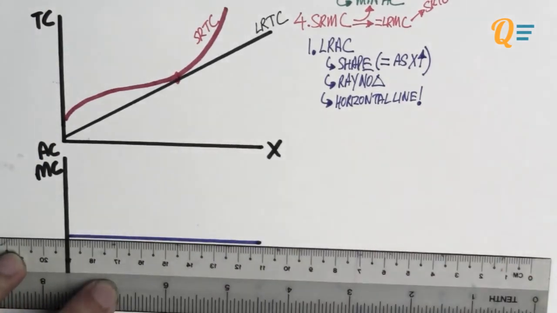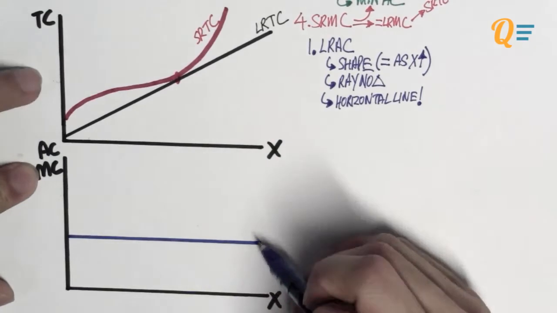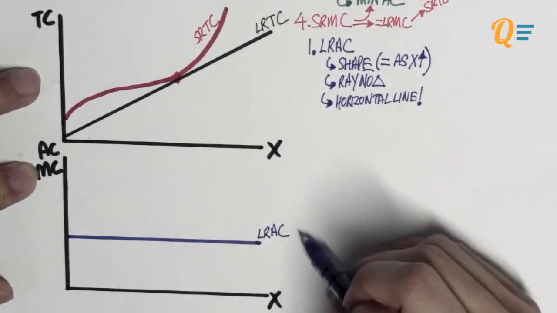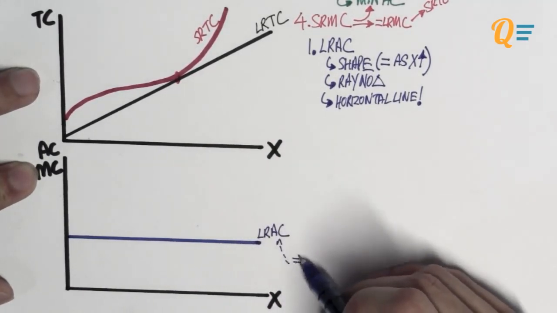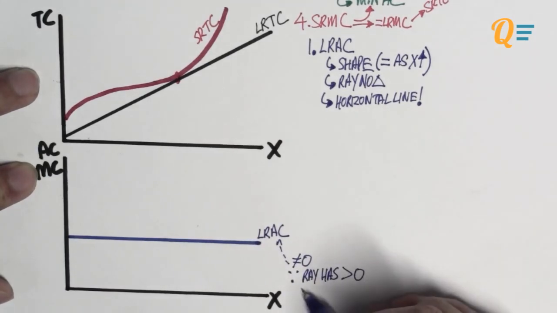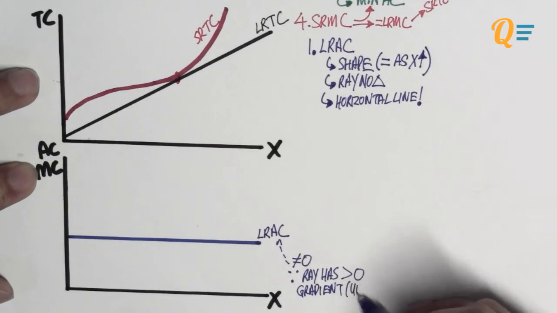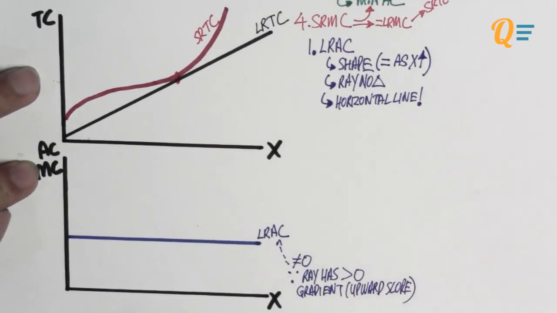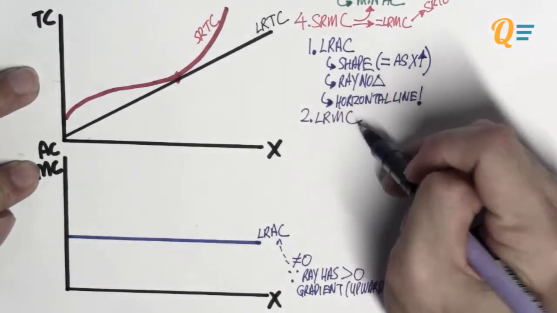Okay, so in blue, this will be my long run average cost. Looks very simple, right? So you're going to notice that this is not equal to 0 because your ray still has a more than 0 gradient. Okay, it's a positive gradient because it is upward sloping, right? So it is not 0. The LRAC is still more than 0.